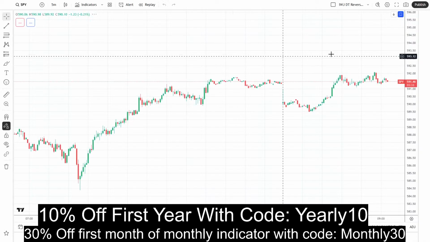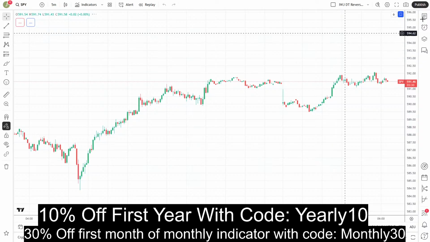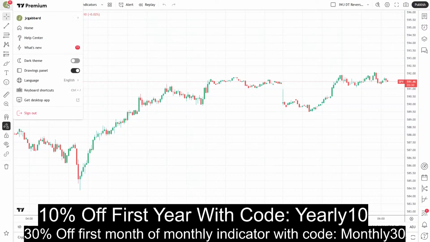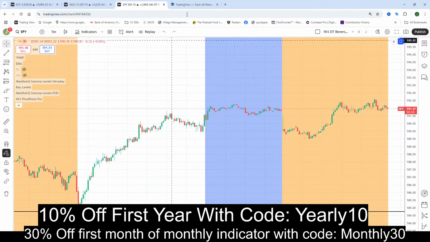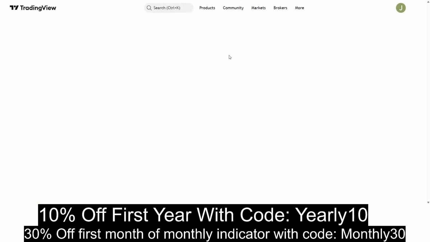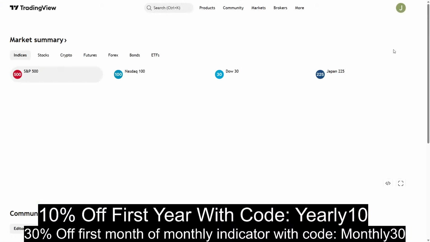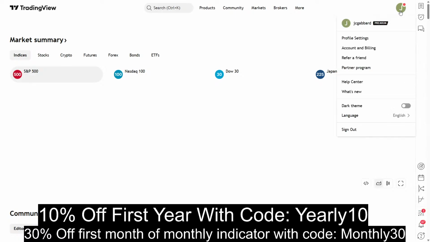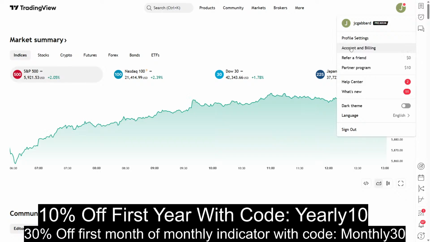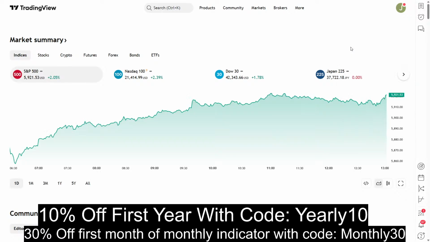Oh, I went back to my super chart. Let me try that again. I want to put this on a different tab anyway. Account and billing, I'm guessing. I haven't done this in a while, so bear with me.